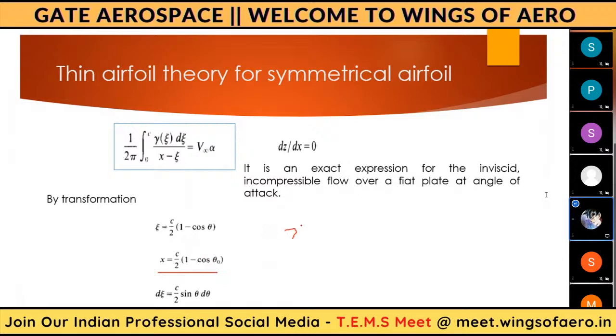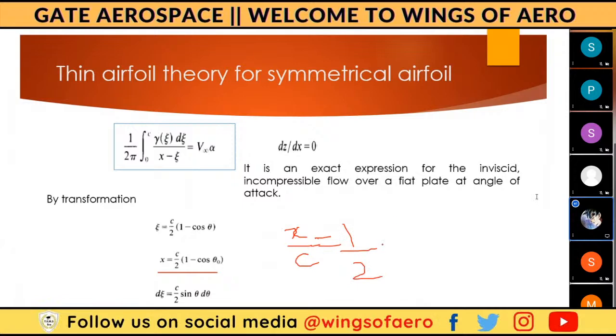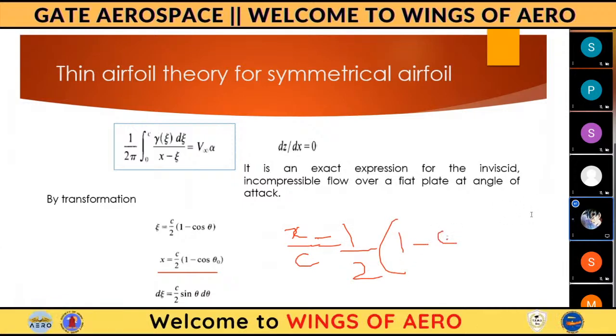From that, x by c equal to 1 by 2 into 1 minus cos theta. Now you substitute the limits. No need to substitute the 0 values, since that will be 0 only.